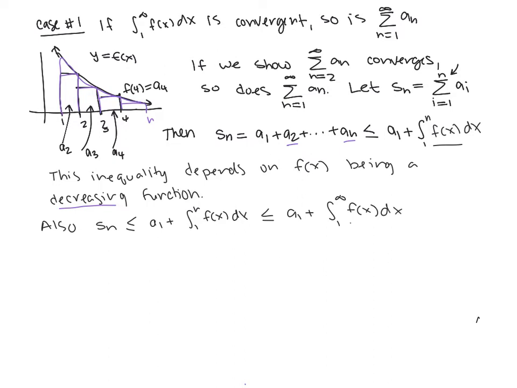And because you know that this thing converges, this is less than or equal to some number M. M might be huge, but it's less than some number. And what this tells us is that the sequence of partial sums Sn is bounded.